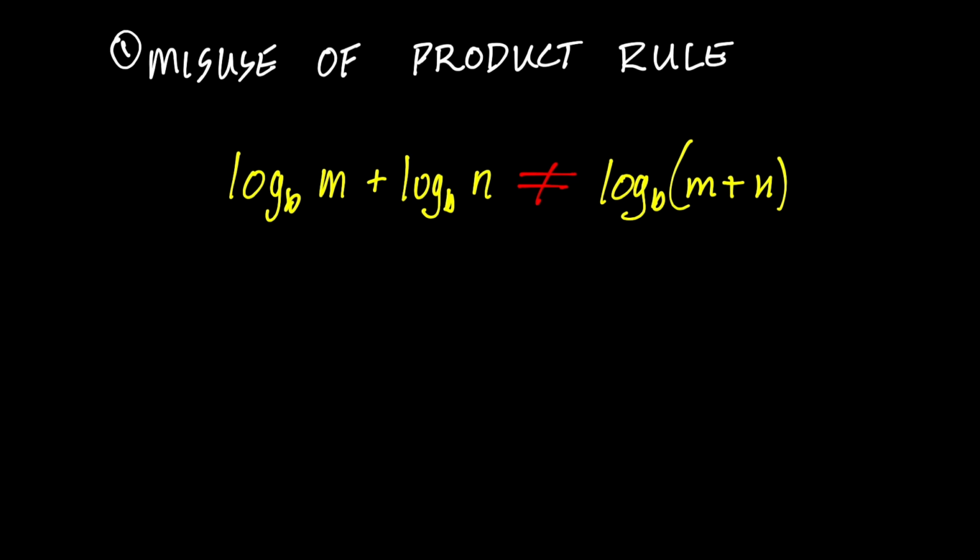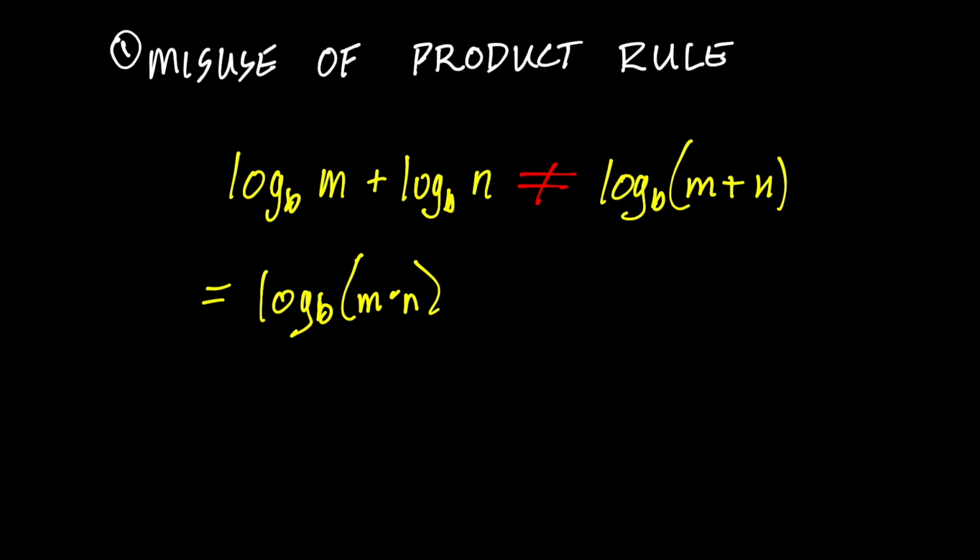It should be log base b of m times n, not m plus n. When we're adding exponents, we multiply if they have a common base. So that is the correct way of doing that.